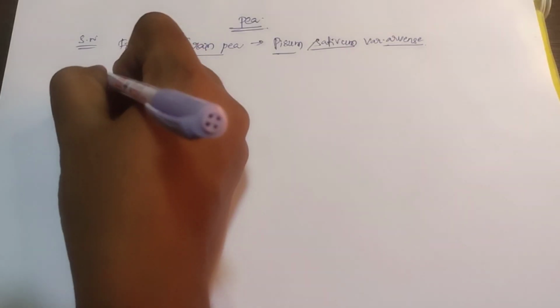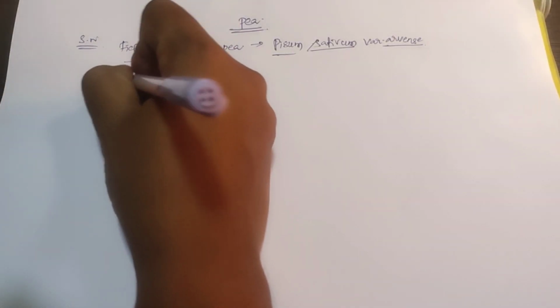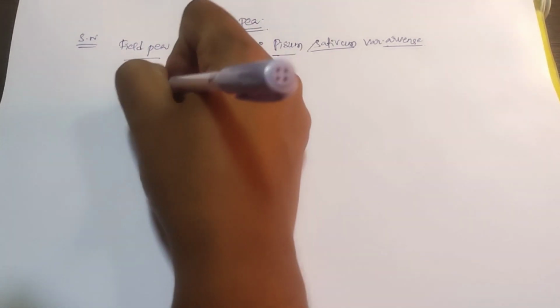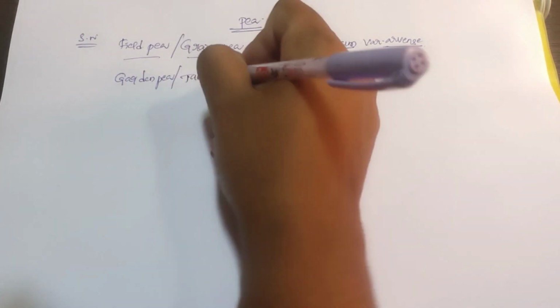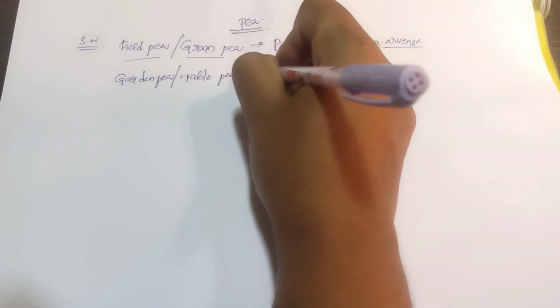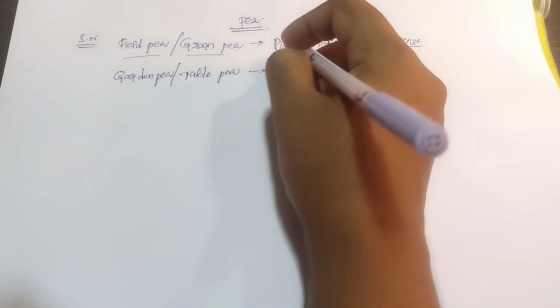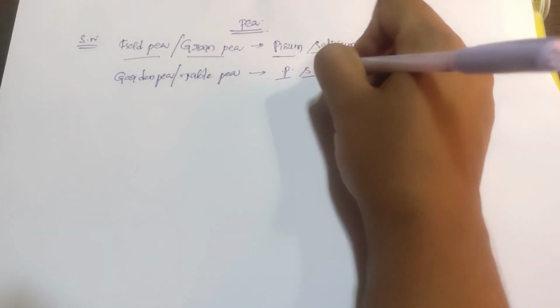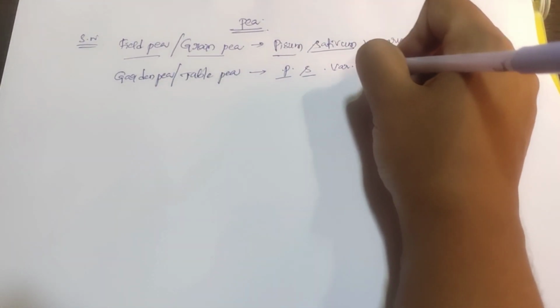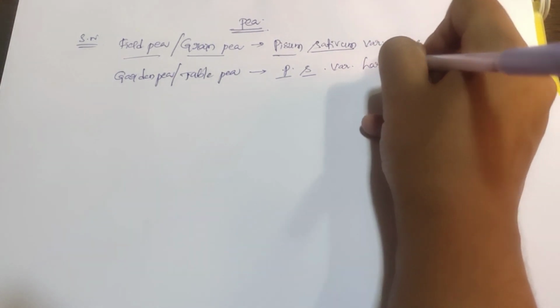The other one is garden pea, and garden pea is also known as table pea. The scientific name of garden pea is Pisum sativum variety Hortense.